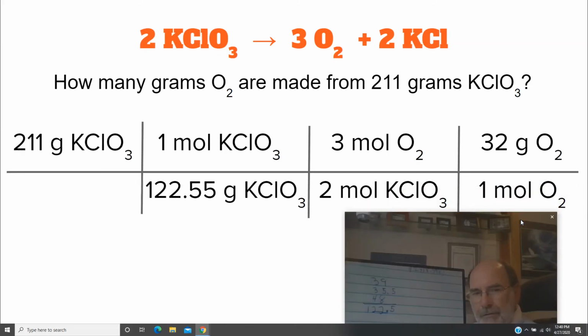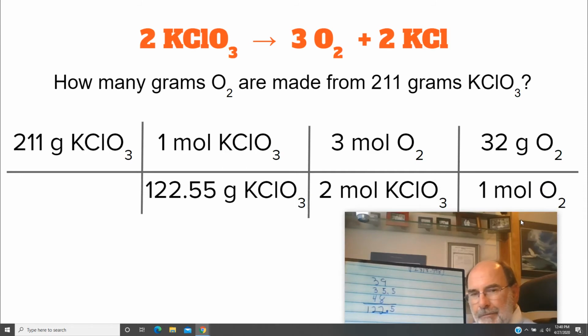There's the 122.55 grams per mole for potassium chlorate in the second column. Again, it's set up so that the grams cancel with the first column. The third column is the ratio from the balanced chemical equation that says for every 2 moles of potassium chlorate down there in the denominator, I'm going to produce 3 moles of oxygen gas written up there in the numerator.